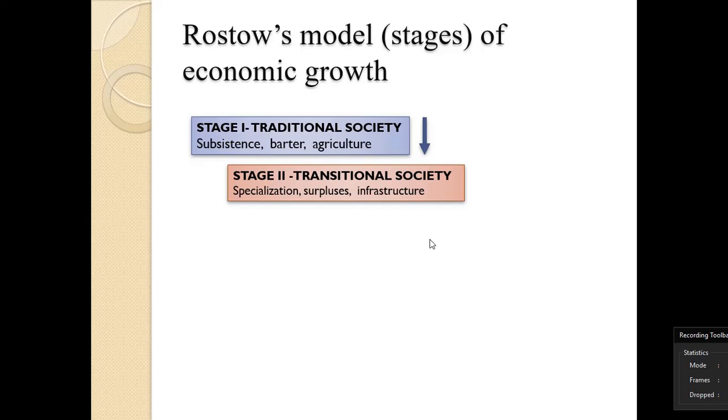These societies can be helped by transforming into the second stage, which is a transitional stage, also known as precondition to take off. And in here, when a society has reached this phase, it is characterized by specialization. It has surplus produce that can be used as raw materials for other development processes.